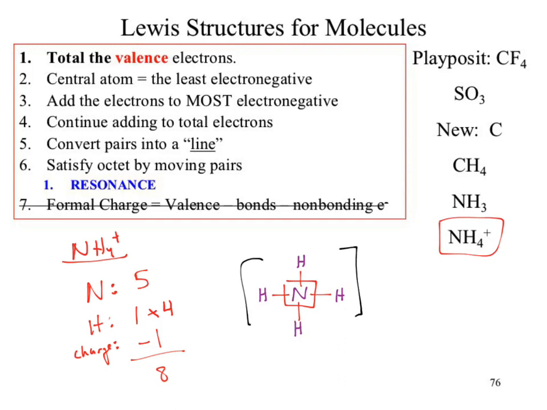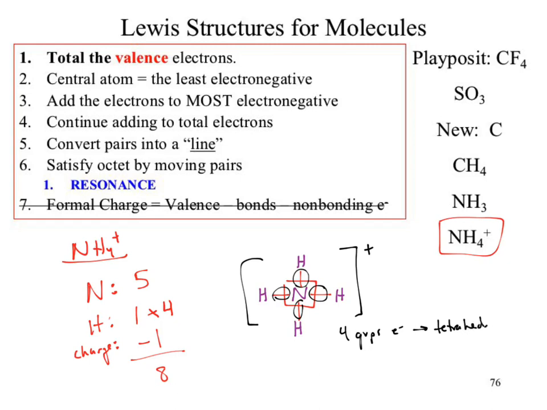We're going to put our parentheses and the plus sign. What is the molecular shape? We check groups of electrons all the way around. How many groups of electrons around the nitrogen? There's 4 groups of electrons. 4 groups of electrons for an electron geometry means tetrahedral.